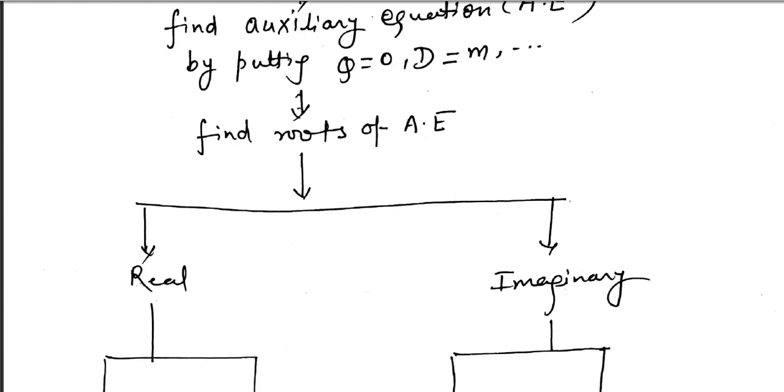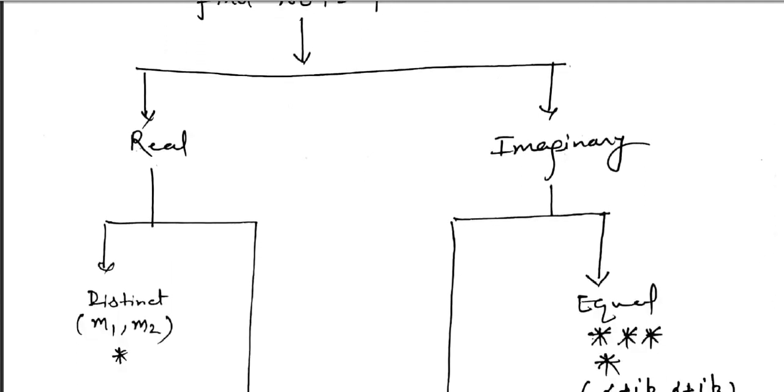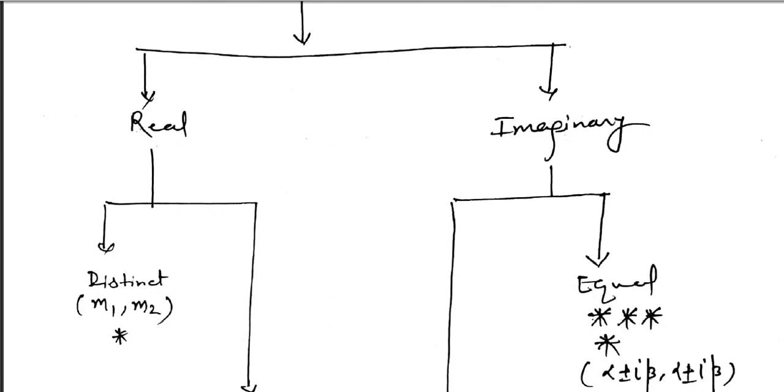The roots of the auxiliary equation are real or imaginary; there are two possibilities. Real roots are like 2, 3, minus 4, 4 upon root 3, minus 5. Imaginary roots are like 2 plus minus 3i, 1 plus minus 2j, and so on.